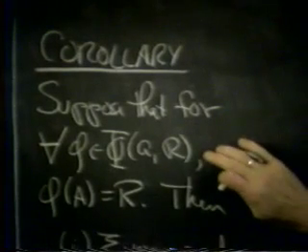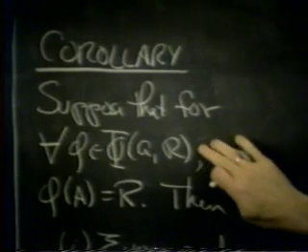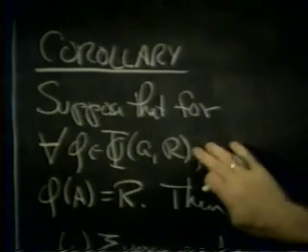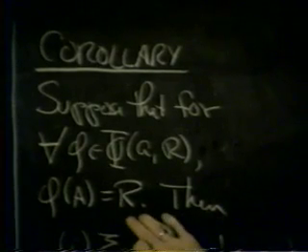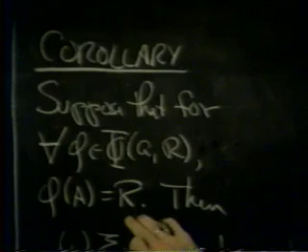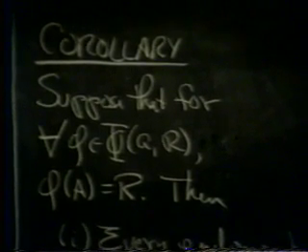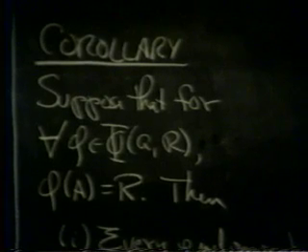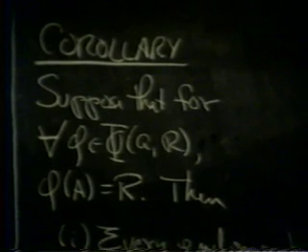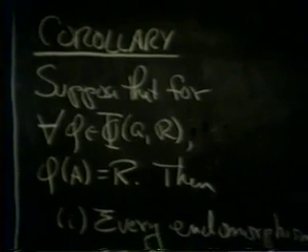Suppose that all of the homomorphisms from A to R in fact have a common image. Usually that would turn out to be all of the positive reals, but we don't need to be quite that specific. They all are mapping onto the same set.